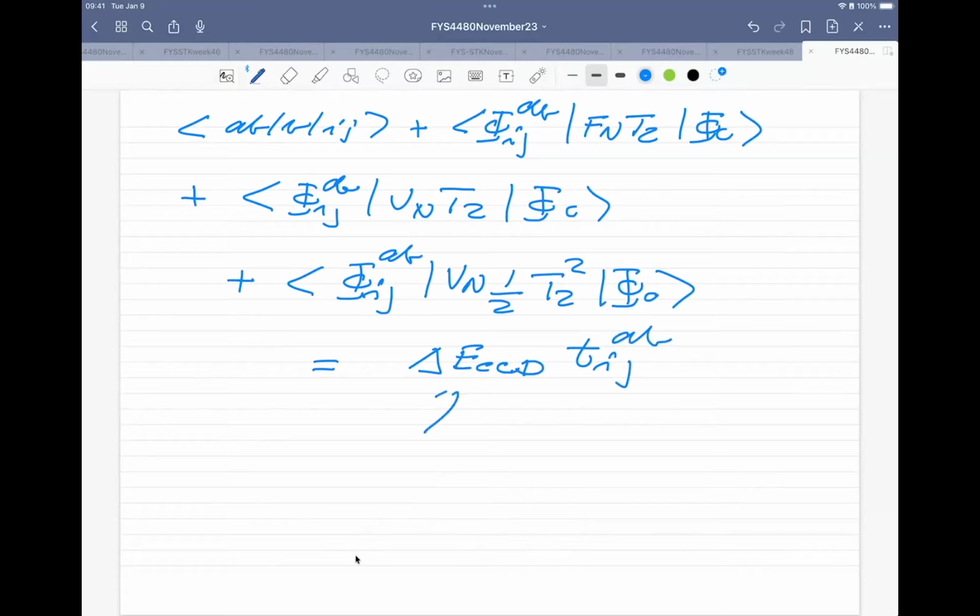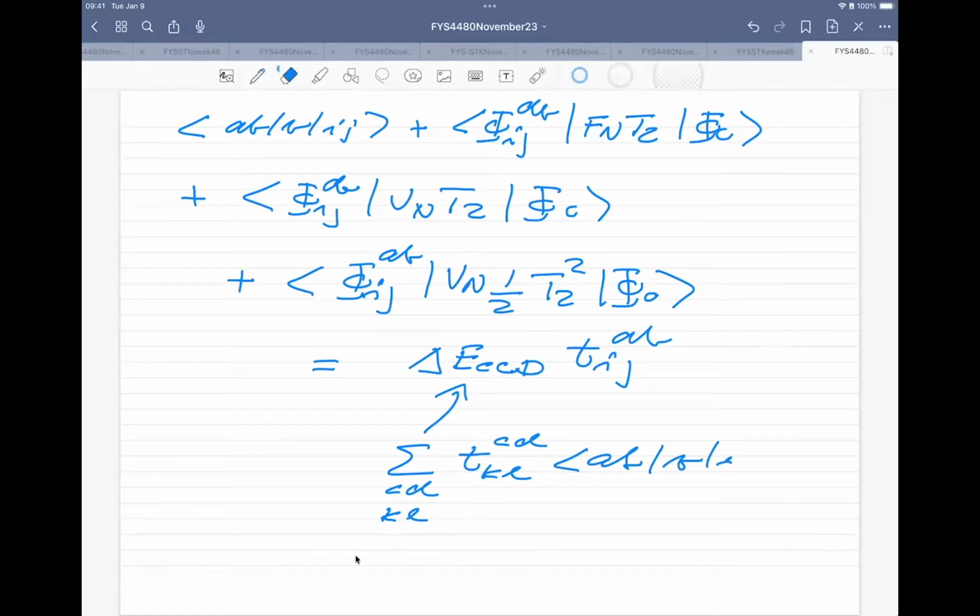And just to remind you of what this one looks like, this is actually given by a sum over CD KL. We have the unknown amplitudes KL, CD, multiplied with the element CD, V, K of L. So what you see then is that you have a set of equations which are nonlinear in the unknown coefficients T, I, J, A, B. Because we have T, I, J, A, B here, but we also have it here.